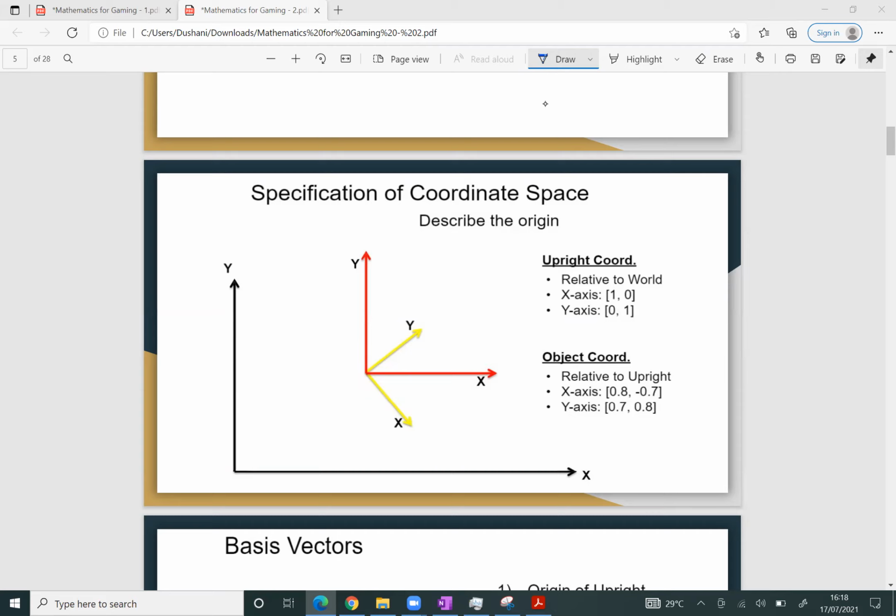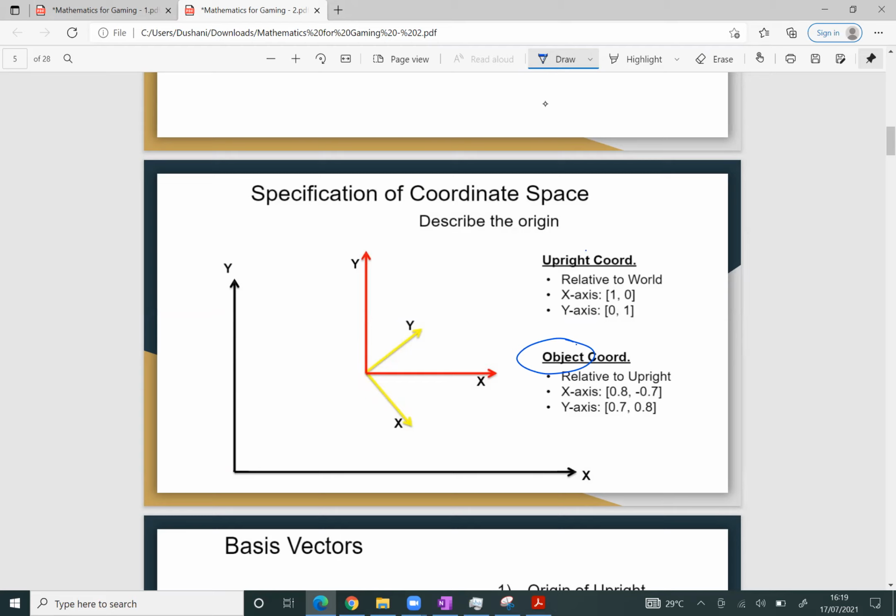Then the object space is the space associated with each object that belongs to the world space. For example, the object space associated with the viewport used for rendering is called the camera space.